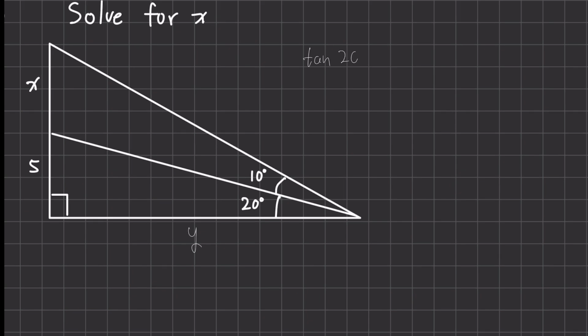So tangent of 20 degrees is equal to opposite over adjacent, or 5 over y. Isolating for y, we get that y is equal to 5 divided by tangent 20. Otherwise, y is approximately 13.74.